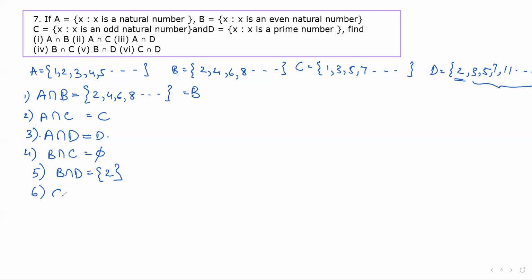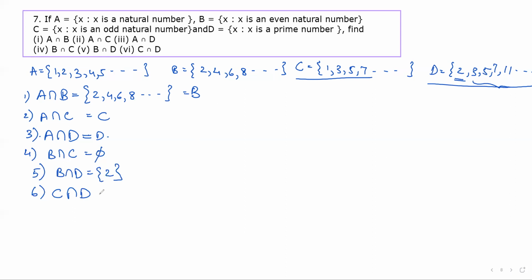C intersection D. C is a set of odd numbers, D is a set of prime numbers, and we know that 2 is the only prime number which is even. So apart from 2, all the rest of the odd primes will come in C intersection D. Common elements will be the prime numbers which are not 2.